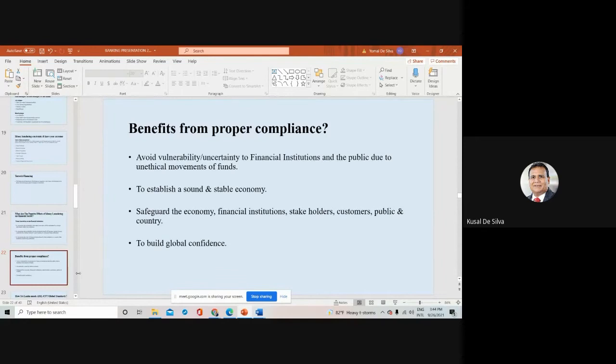Some time back we were grey listed by the international institution, and as a result our cost actually increased. When a country is grey listed, each and every transaction initiated from overseas to Sri Lanka requires additional scrutiny from their side. So then they are a little reluctant to even send a transaction to Sri Lanka through their channels.